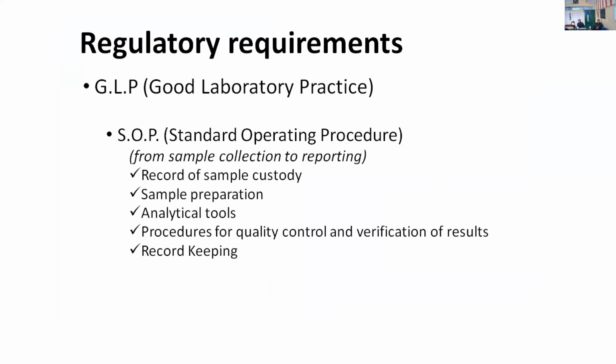This includes the preparation of SOPs, from sample collection to reporting, record keeping of the samples kept in a refrigerator, sample preparation protocols, the analytical method, whether you have used HPLC or LCMS, and the procedure followed for quality controls and record keeping. All SOPs and GLP practice should be followed while developing a method for a bioanalytical sample.